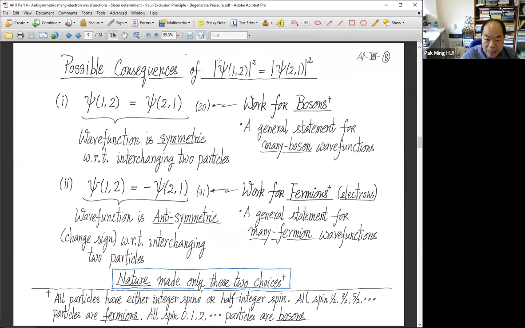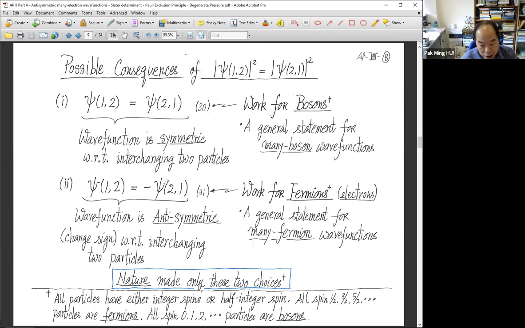What does it mean for the wave function itself, not the square? We have two choices, two options. Interchanging the locations, the coordinates, there's no change. If this is the case, this is satisfied. Do you follow me? But there is another situation.